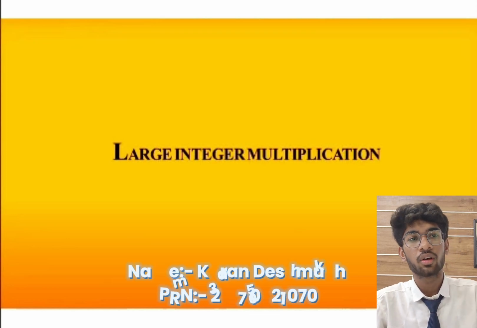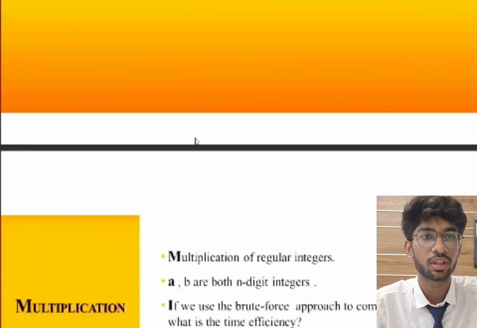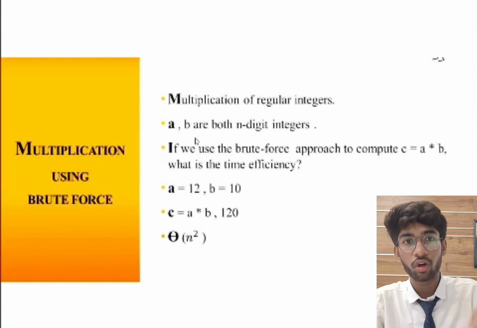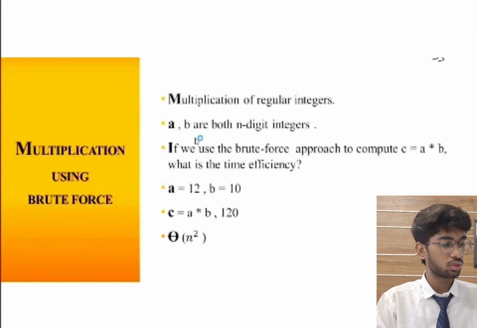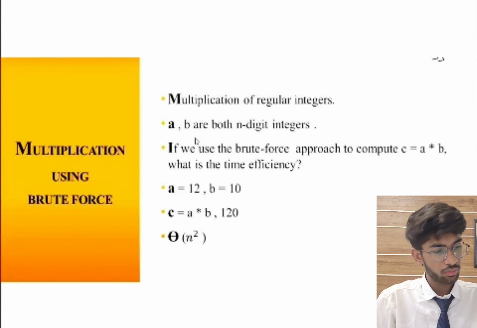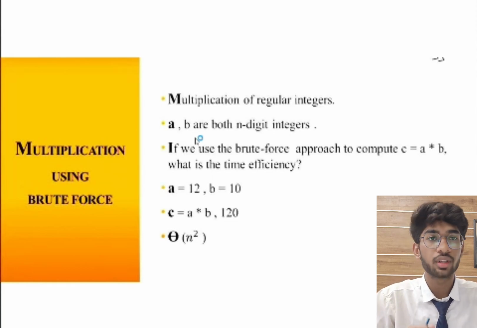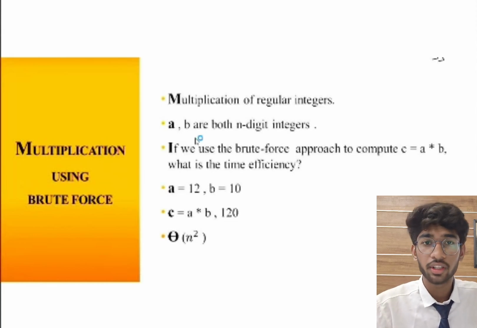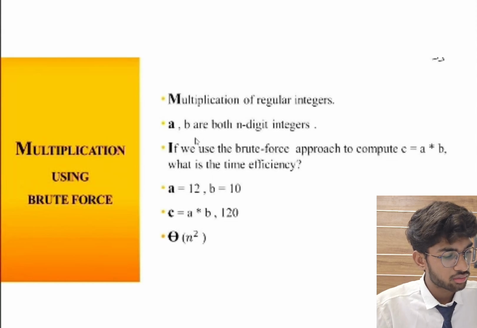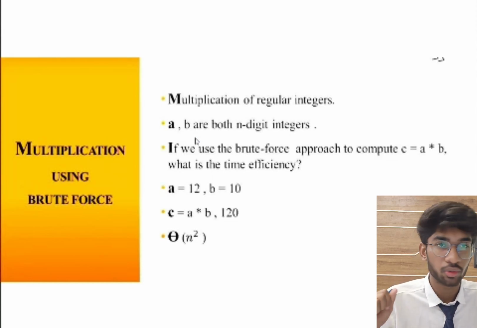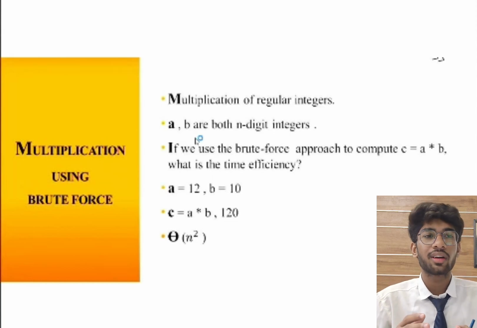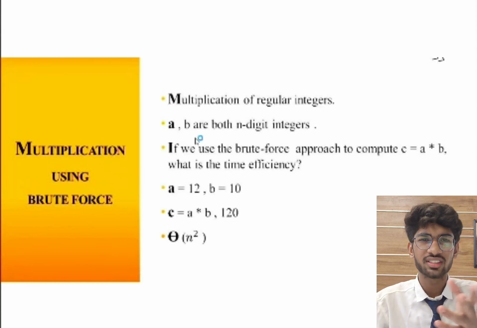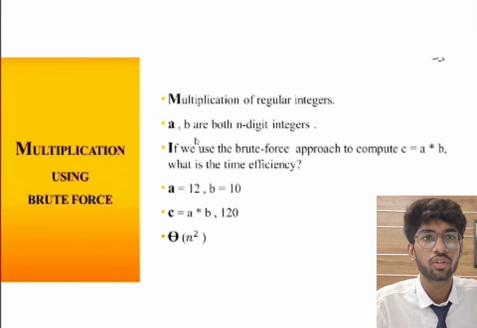So let's see how this method works. For that, we should know what the brute force approach is. Brute force approach is simply multiplication of regular integers without applying any algorithmic approach.